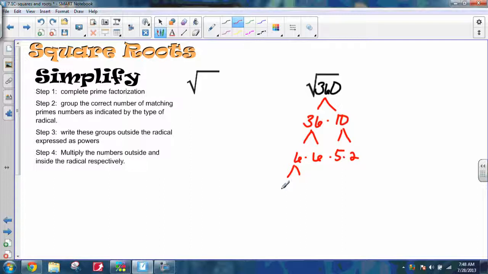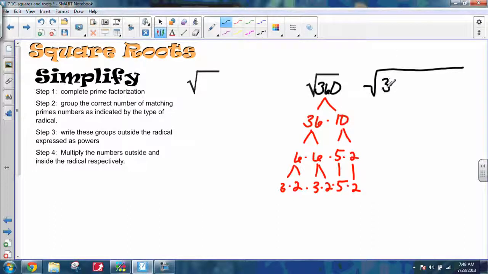So these 6's will break down to 3 times 2 each. And we'll bring down the 5, and we'll bring down the 2. So the square root of this number will be 3 times 3 times 2 times 2 times 2 times 5.